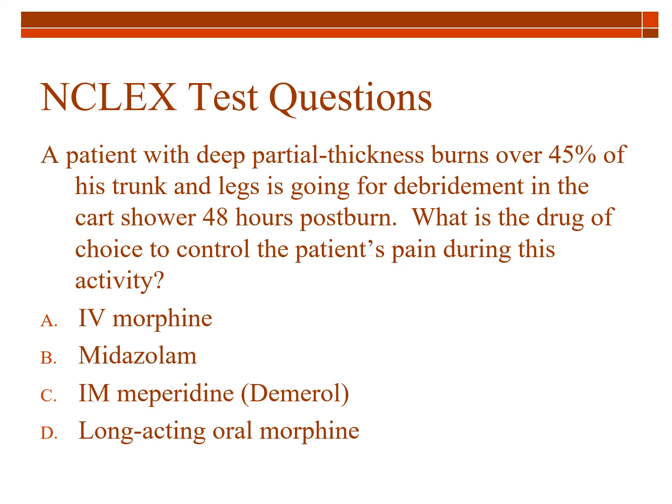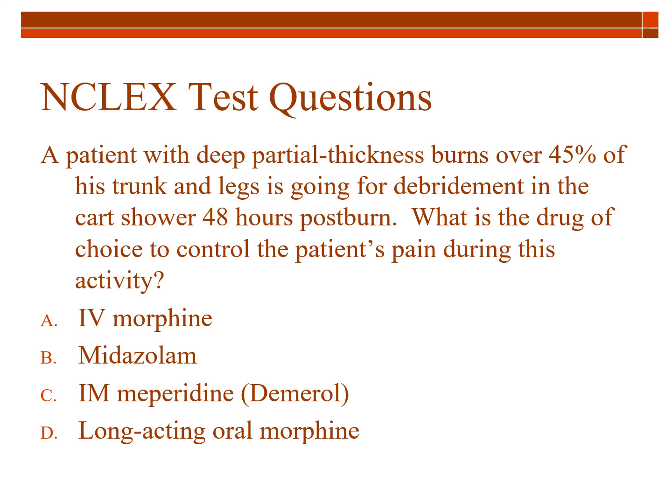A patient with deep partial thickness burns over 45% of his trunk and legs is going for debridement in the cart shower 48 hours after the burn. What is the drug of choice to control the patient's pain during this activity? And A is the correct answer.